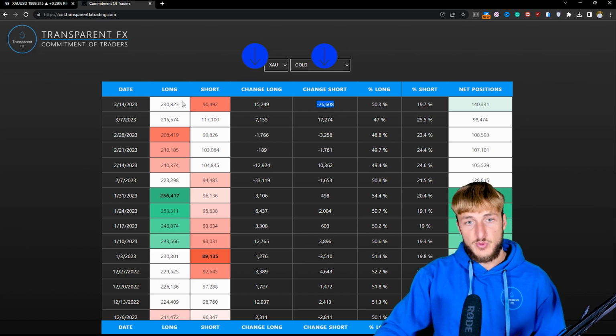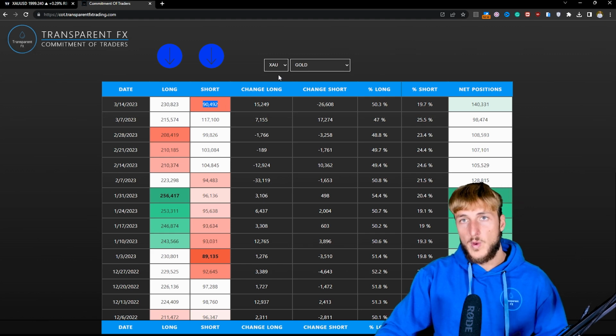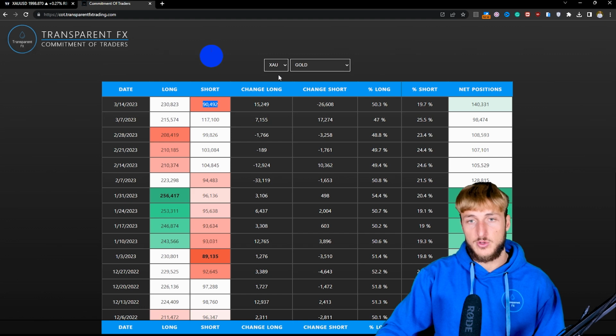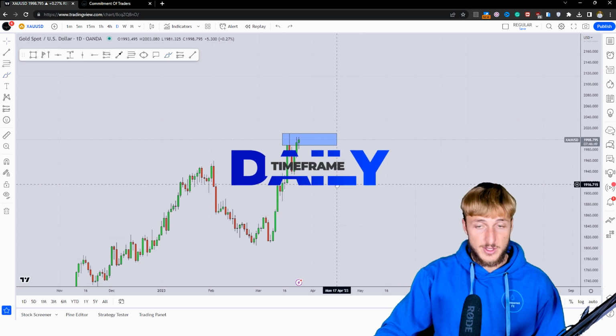Now, this brings longs to 230k compared to only 90k shorts. So definitely there are way more institutions that are longing gold with respect to the ones that are shorting gold. So this creates strength for this commodity.